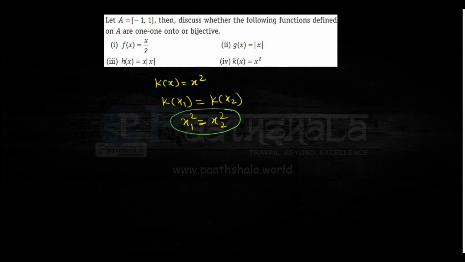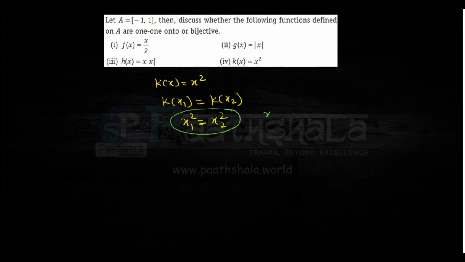Let's talk about k of x equals x square. So for one-one we need to write k of x1 equals k of x2. So it will be x1 square equals x2 square. From here we can clearly say that it is not a one-one function.